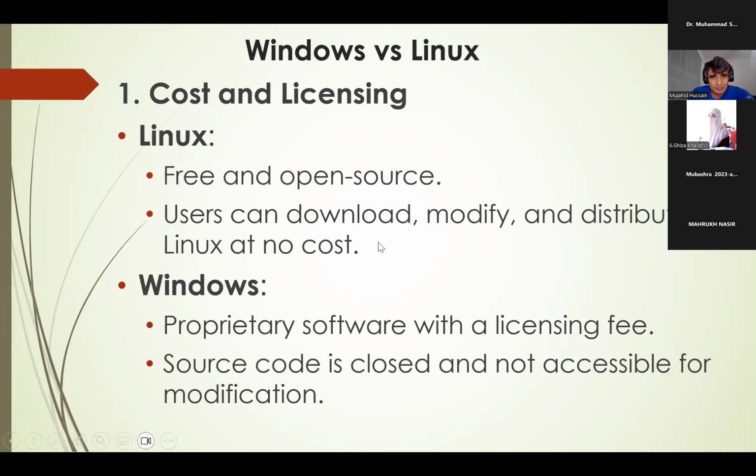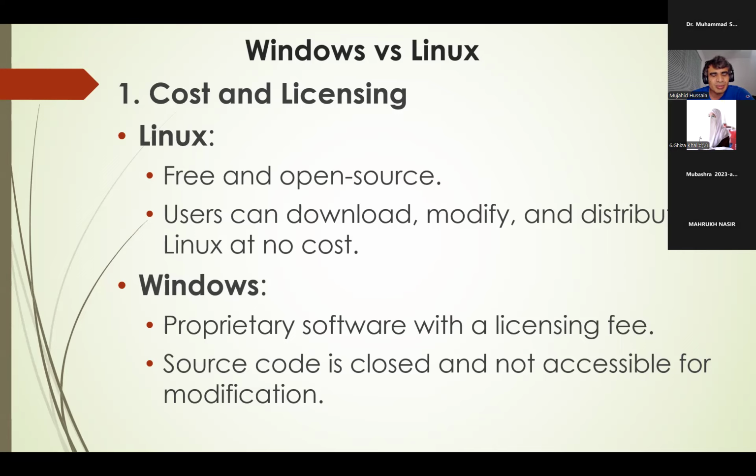First of all, we're going to discuss a brief overview of how Windows is different from Linux. You know that Windows has been developed by Microsoft. It is an operating system that is not open source. Open source means the developer did not provide the source code to everyone, so no one can edit Windows except Microsoft.